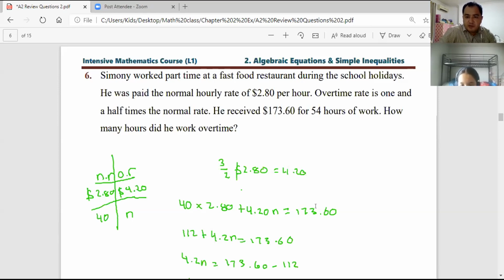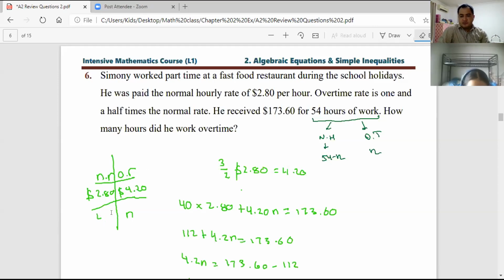Here we have 54 hours, it's given here. So here we have normal hours, and this one is overtime. If overtime is n, what will be the normal hours? It will be 54 minus n, because together it is 54.